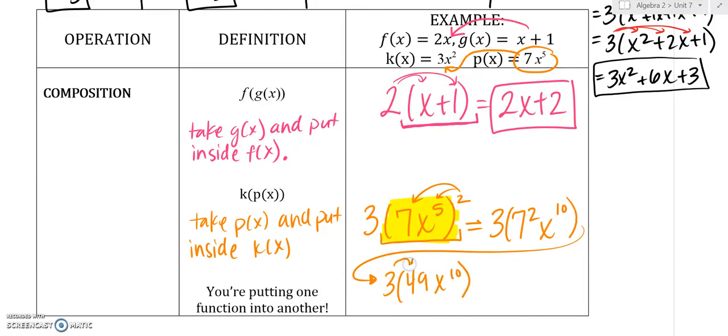And then I'm going to distribute in that 3. I'm going to distribute, or basically multiply that. So 49 times 3. That should be 147, if I did that correctly in my head. And then x to the 10th. And that's what I end up with. So all you're doing is taking one thing and putting it inside the next.